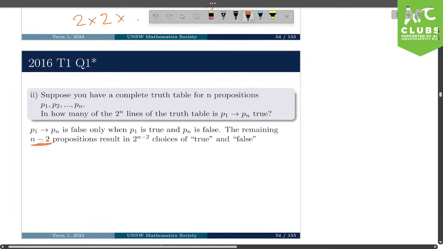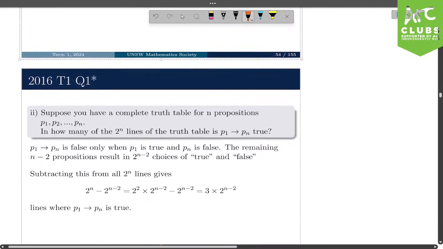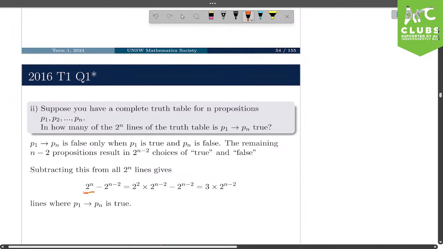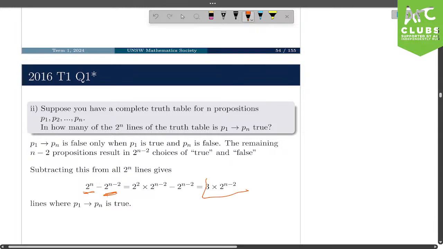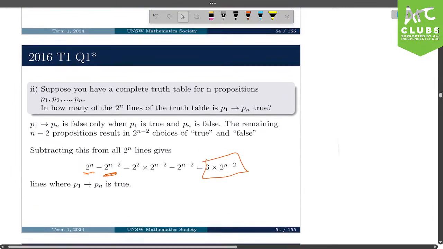So we have 2 to the n minus 2 choices where this thing here is false, and that must mean the other cases are true. So we simply take 2 to the n, all cases, minus 2 to the n minus 2, all false cases. And if we do some maths, grouping up terms, taking a 4 out, we get this number. And those are the number of lines when this is true. Cool. Makes sense. Nice. Very cool.